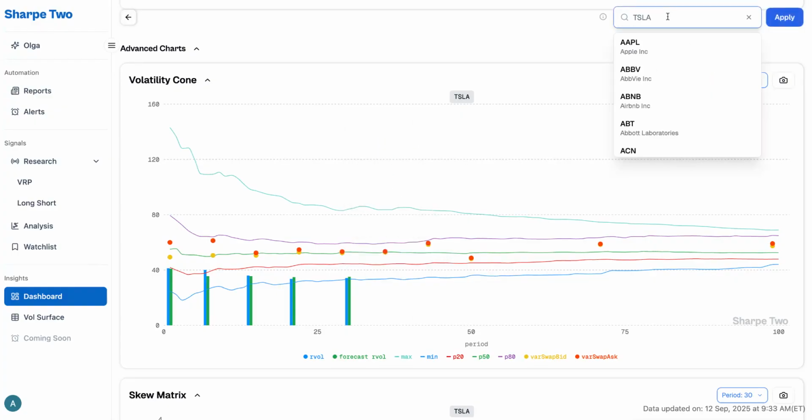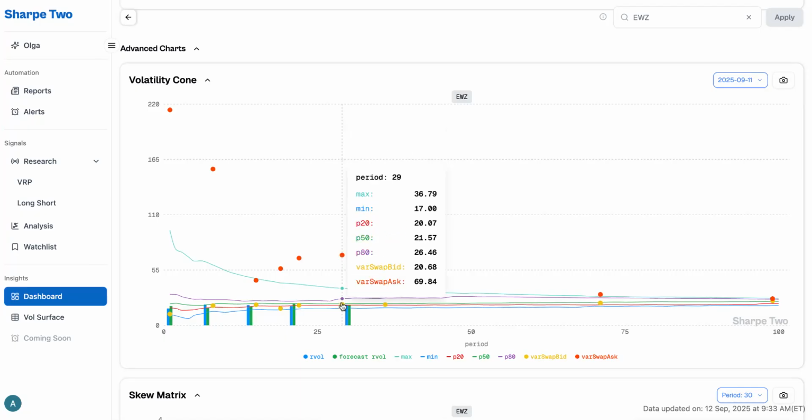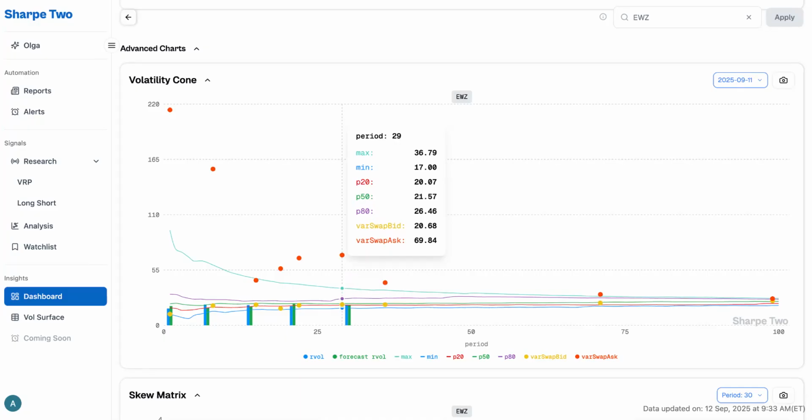Now, we did start not with Tesla, but with the Brazilian ETF, EWZ, where you have that massive ask here and the bid here. So what exactly is happening? I capture option prices at 3:45 before the close, and all you see here is basically market makers starting to pull off their orders.